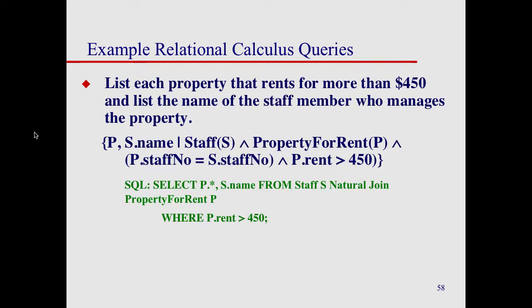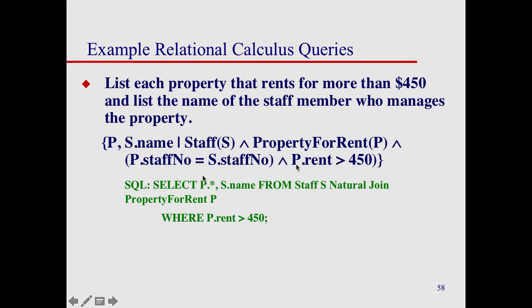And you might be tempted to say, okay, this is a valid query now. So this is the same query, except now, in addition to selecting the staff name, I'm also asking for all the details of the properties managed by that staff. Now this is legitimate, because now both P and S appear on the left-hand side.